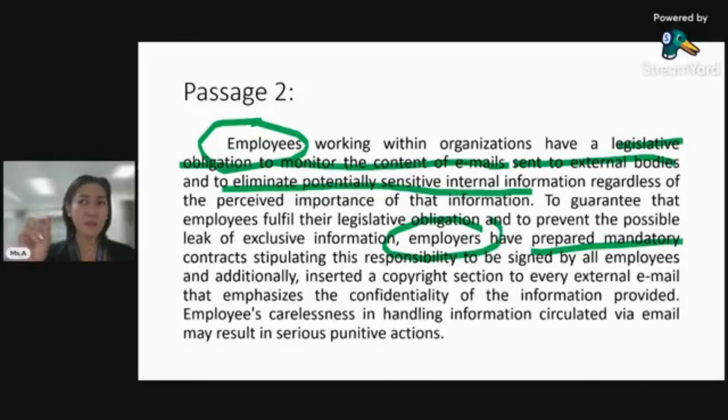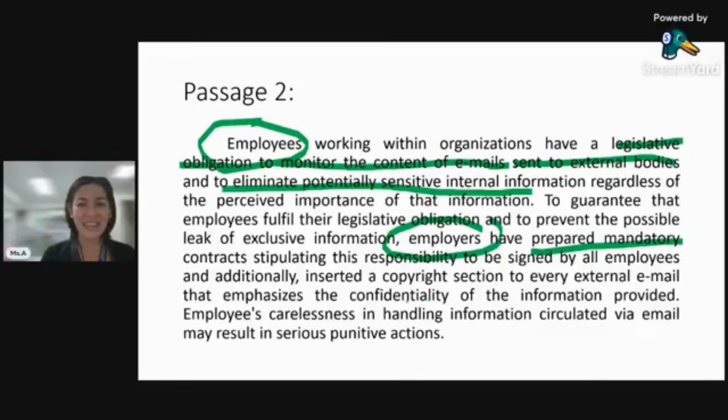So, ikaw once na mabelong ka dun sa company, pirmahan mo tong kontrata na to. Ang nakalagay dyan, responsable ka sa lahat ng lalabas na information that will be sent through email dito sa kumpanyang to. So, pipirmahan mo yon.